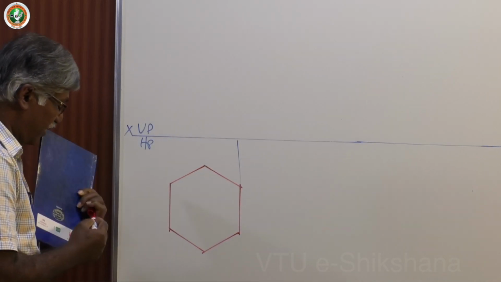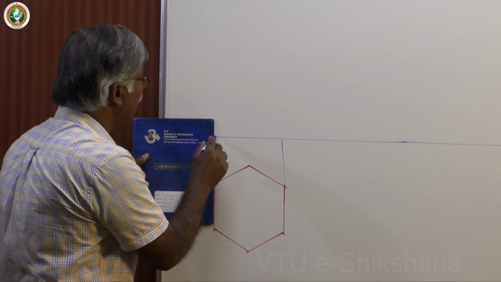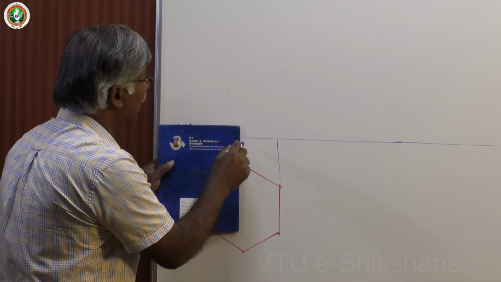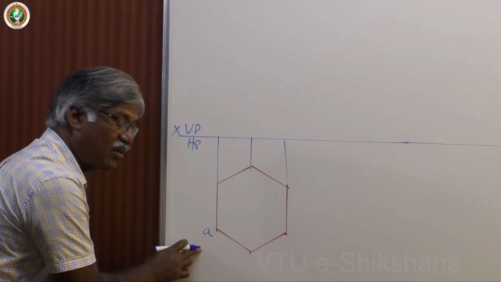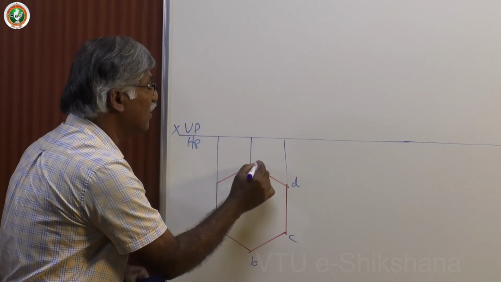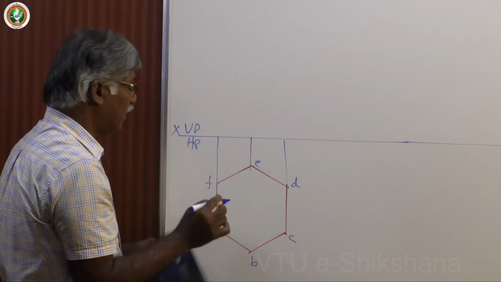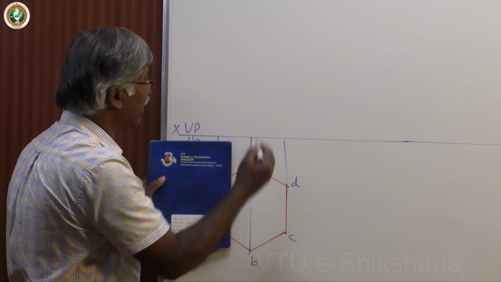So I have taken directly dark lines because the top view is the true shape. Now project all these points. So this is A, the left extreme nearest corner. This one is B, C, D, E, F. Then if you project B, that should coincide with E and move further.